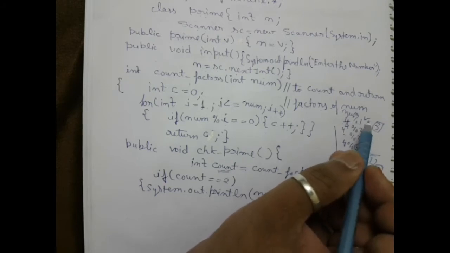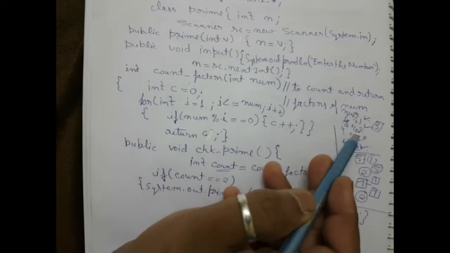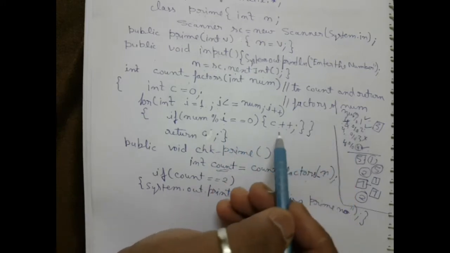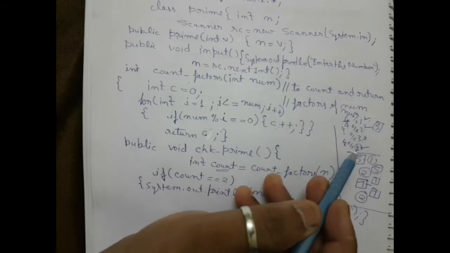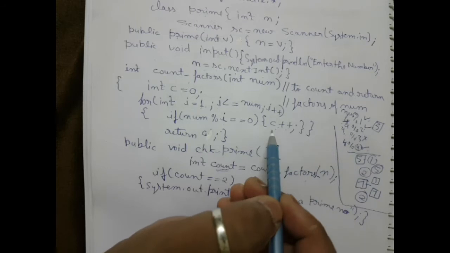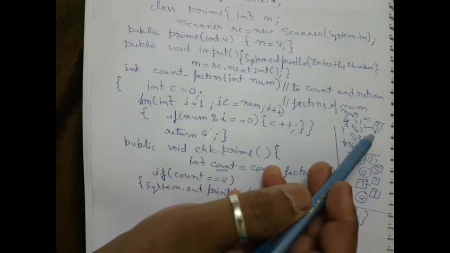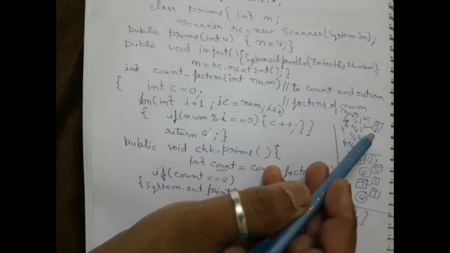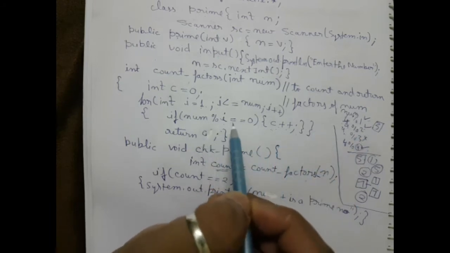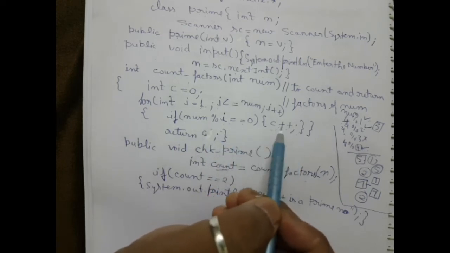Here we find it is divisible by 1, increase c by 1, divisible by 2, increase c by 1, not divisible by 3, don't increase c. When it is divisible by itself, definitely it will be, so increase c by 1. So total factors are how many? 3 factors are there, so c will have the value 3. Every time num is divisible by i, or this condition is true, increase c by 1.